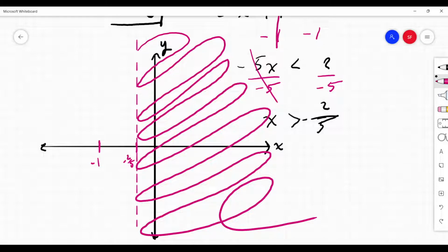Every problem will always be worth multiple points, and the points are usually associated with the steps. So the more steps you show, the more likely you do well, because you may get most of the steps right and make one mistake. If you make one mistake at the end, it's just minus 1 out of a 5-point or 10-point problem.